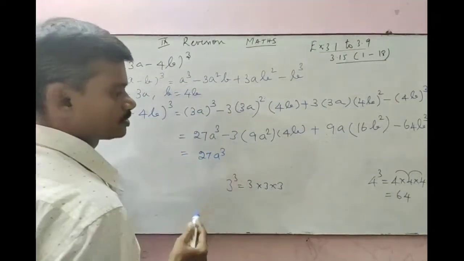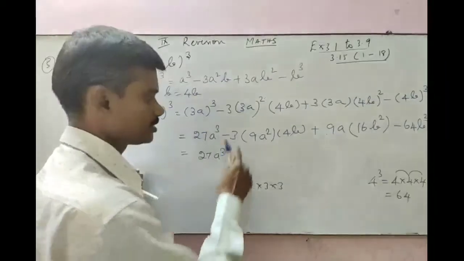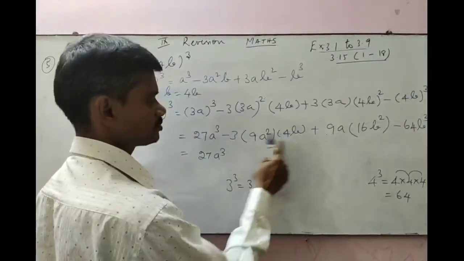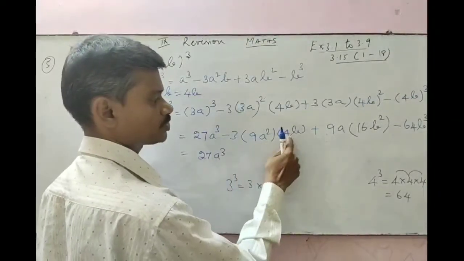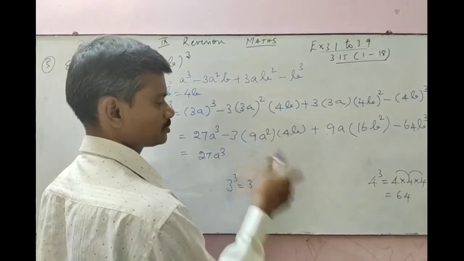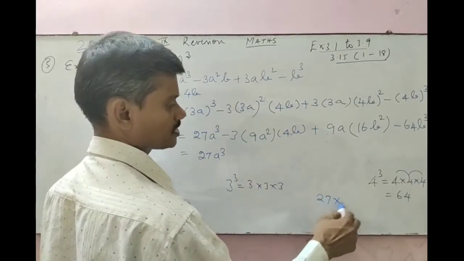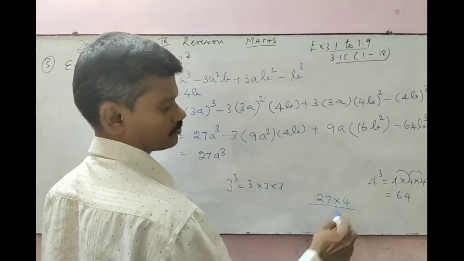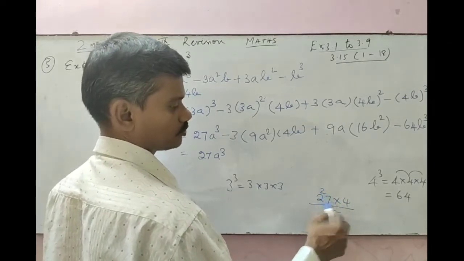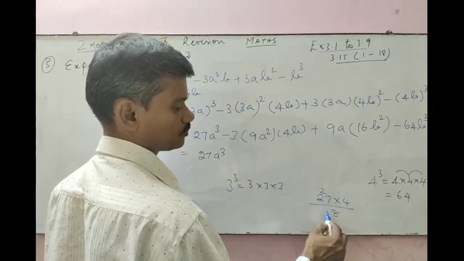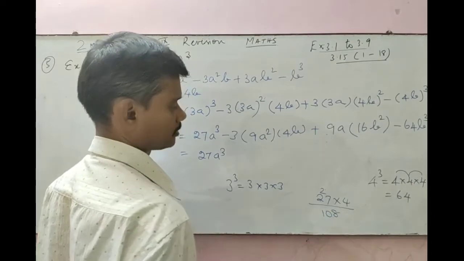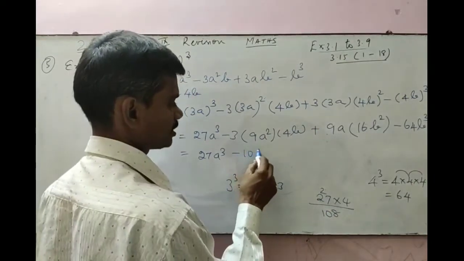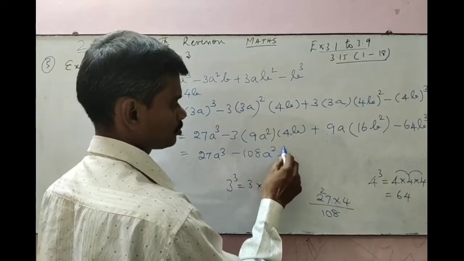Now again we have to simplify this. 27a cube. This term is simplified. Here we have to multiply these three terms. 3 into 9a square into 4b. 3 into 9, 27. 27 into 4. 7 4s are 28, remainder 2. 2 4s are 8, 8 plus 2, 10. So the answer is 108 a square b.